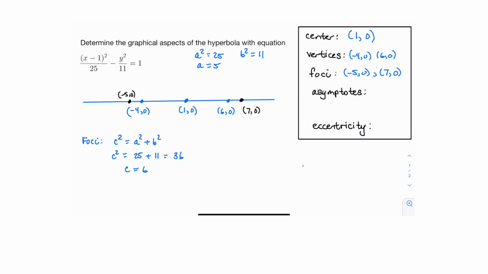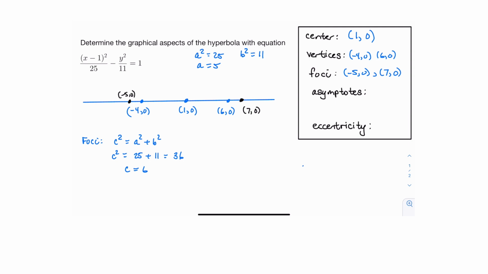Now remember, hyperbolas have asymptotes that pass through the center and have a slope determined by a and b. So in this case, the slopes are, well, is it going to be a over b or b over a? That's what we want to know.